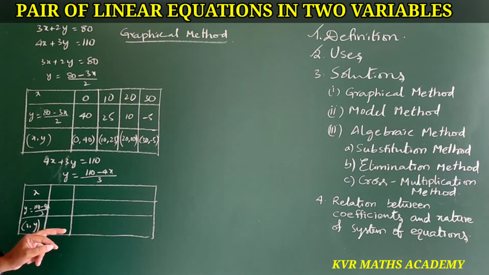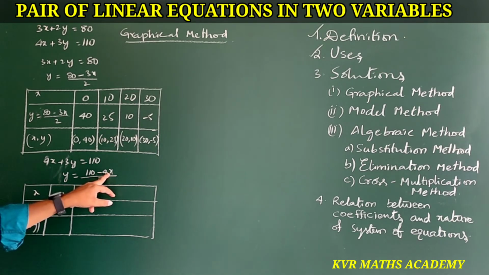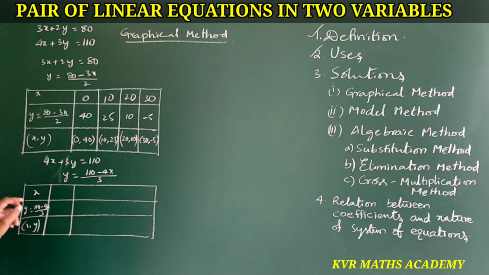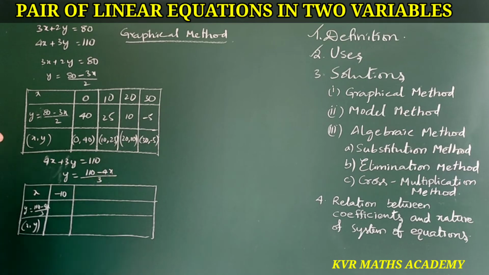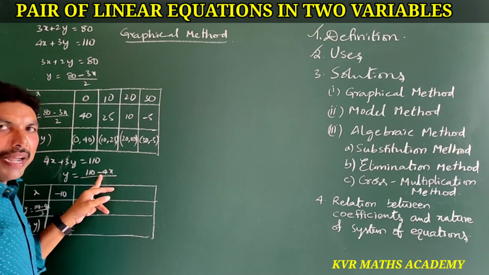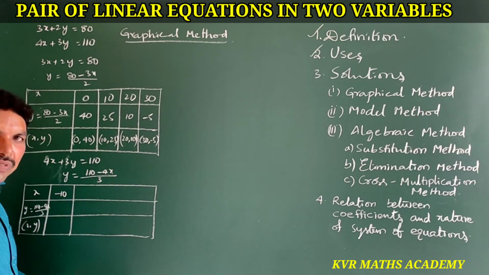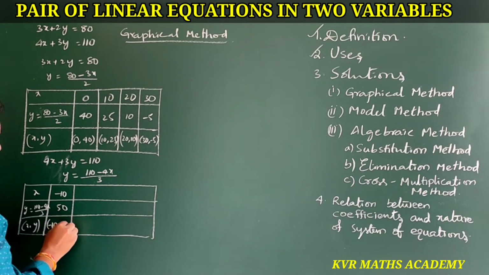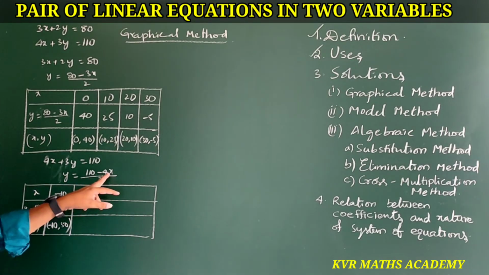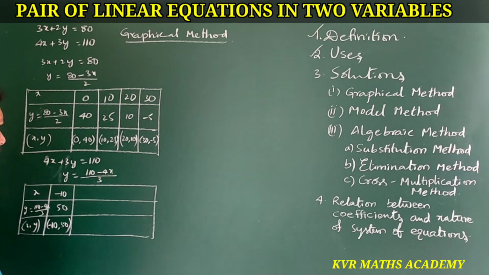This will be minus 40 means 70. Yes, minus 10. Minus 10 means 4 into minus 10, minus 40. 110 plus 40, 150. 150 by 3, 50. Minus 10 comma 50.